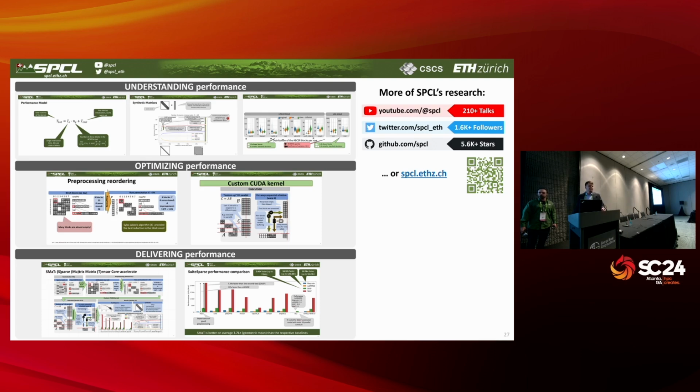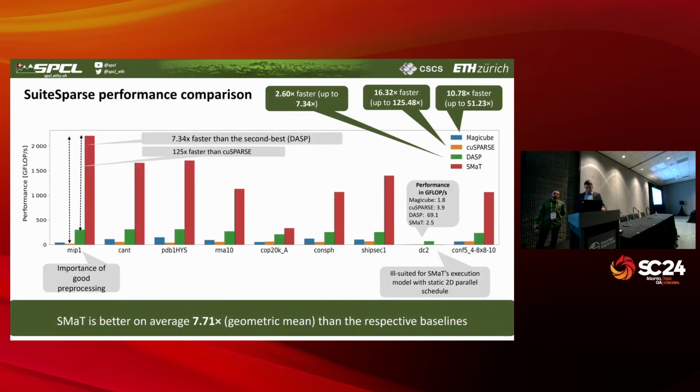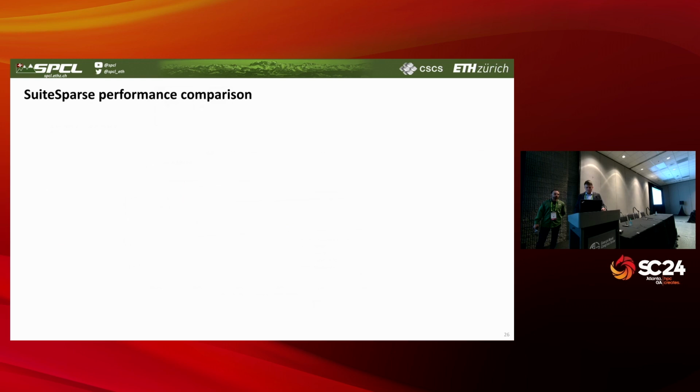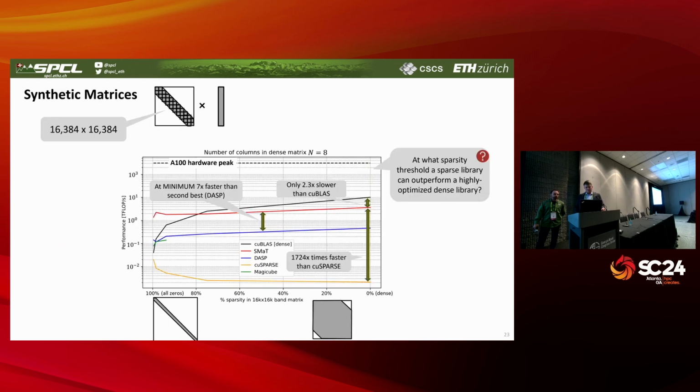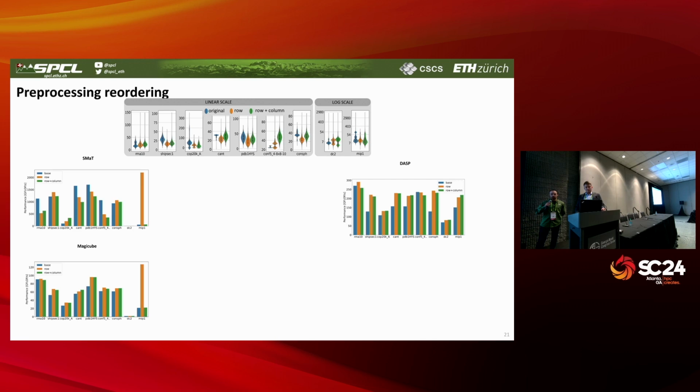Thank you. Okay. Thank you for the interesting work and interesting talk. Would you please go back to the page where you compare the performance of having different permutations? Yes, thank you.